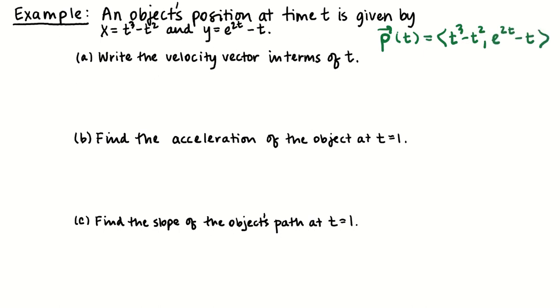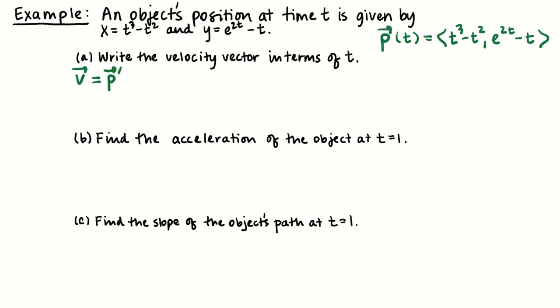And we can take the derivative of these vector-valued functions exactly the way we would expect. We're going to just take the derivative of each of the components separately. So we know that v is equal to the derivative of position, and that doesn't change if we put these vector arrows over them.